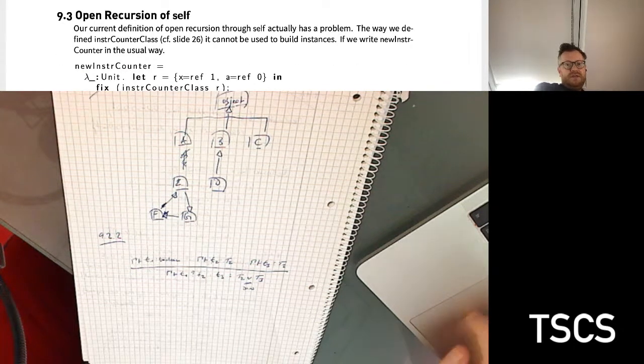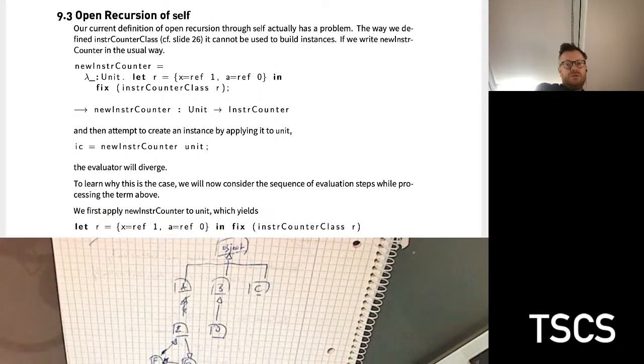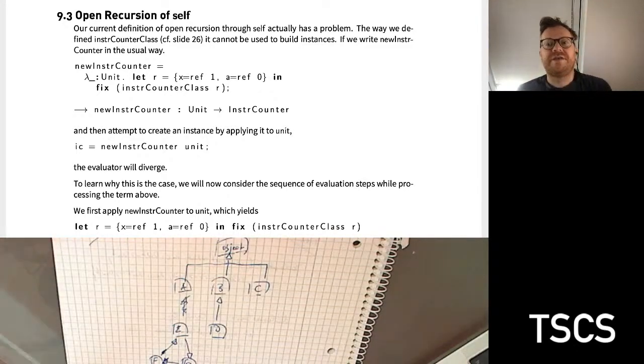The next exercise was a bit more lengthy. It won't fit here on this screen part. Just to quickly walk through the exercise: open recursion with self. Our current definition of open recursion through self actually has a problem.